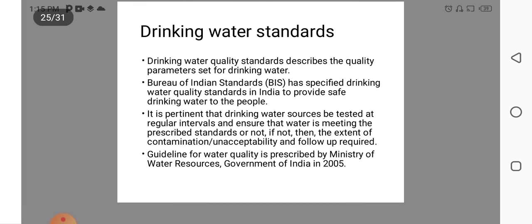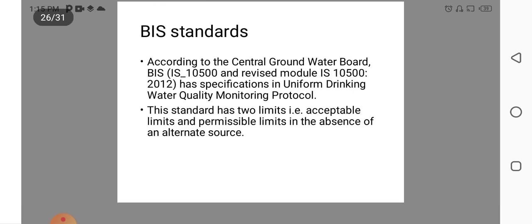Drinking water standards. Drinking water standards are given by the Bureau of Indian Standards, which define safe drinking water for people. These guidelines were prescribed by the Ministry of Water Resources, Government of India, 2005. BIS, Bureau of Indian Standards.